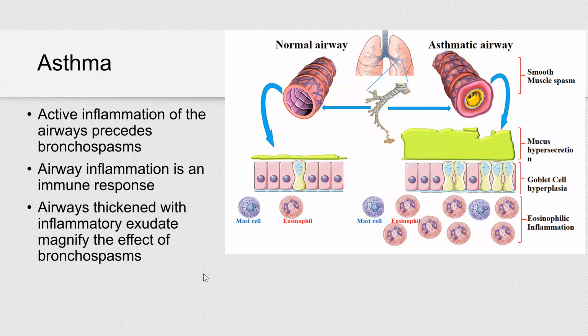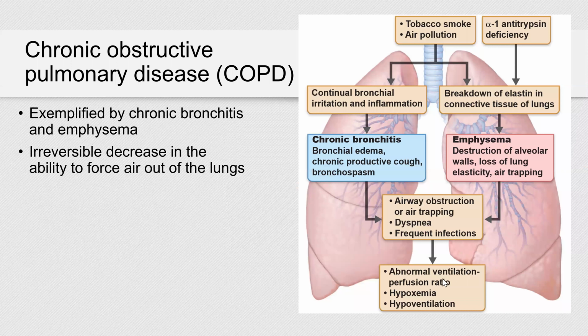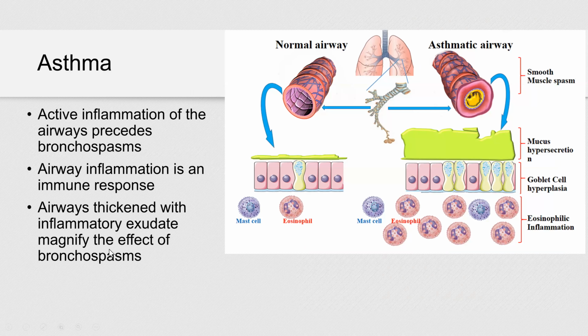So here you can see we will have hypoxia, hypoxemia as well, right? So those are the same effect with asthma. So you will have low oxygen level in the blood. As a result, you will have low oxygen in your tissues.